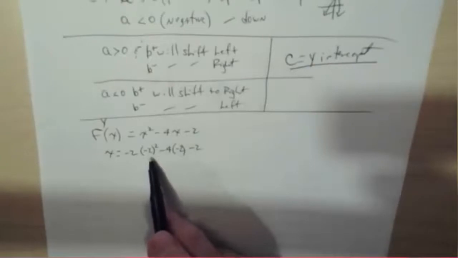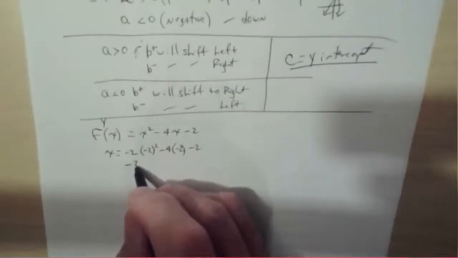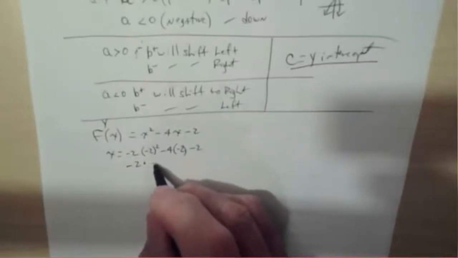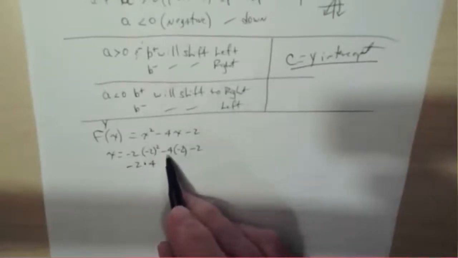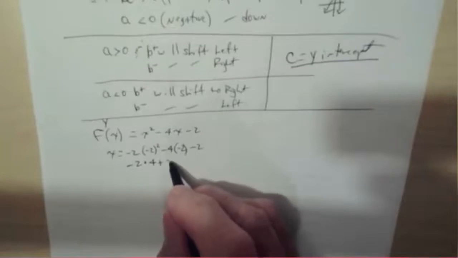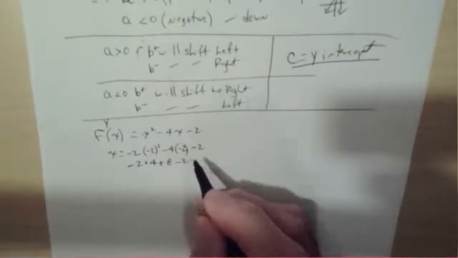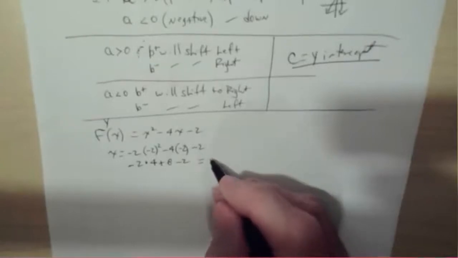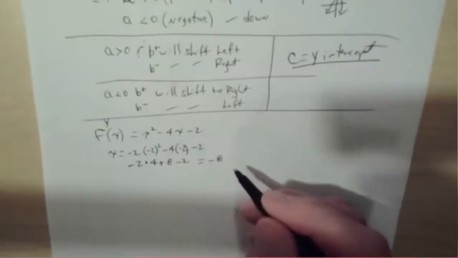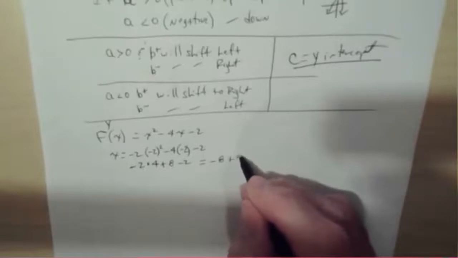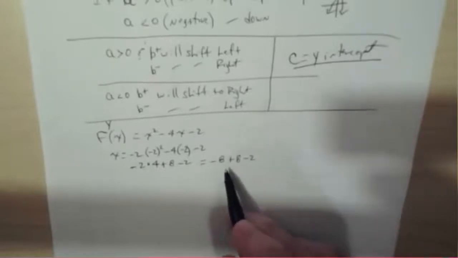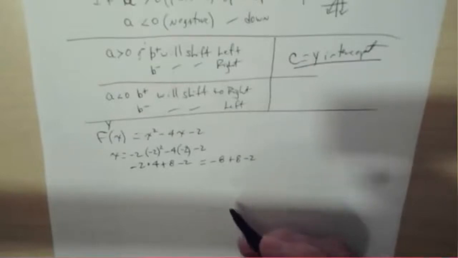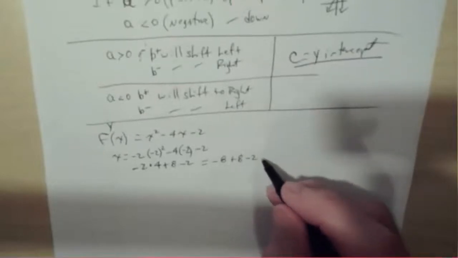Okay, order of operation. So we have negative 2 times 4. And negative 4 times negative 2 is a positive 8 minus 2. Negative 2 times 4 is negative 8 plus 8 minus 2. Negative 8 plus 8 is what is it? Negative 2.